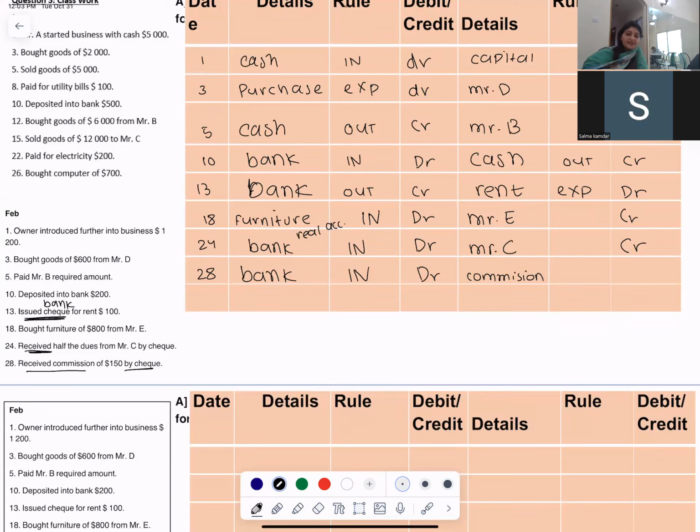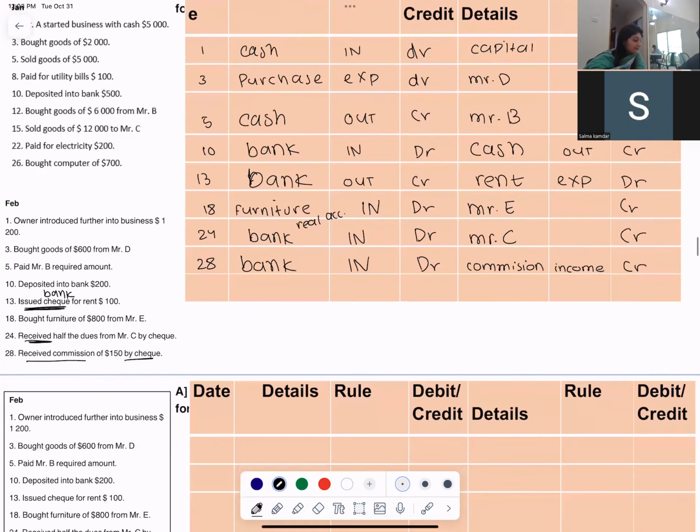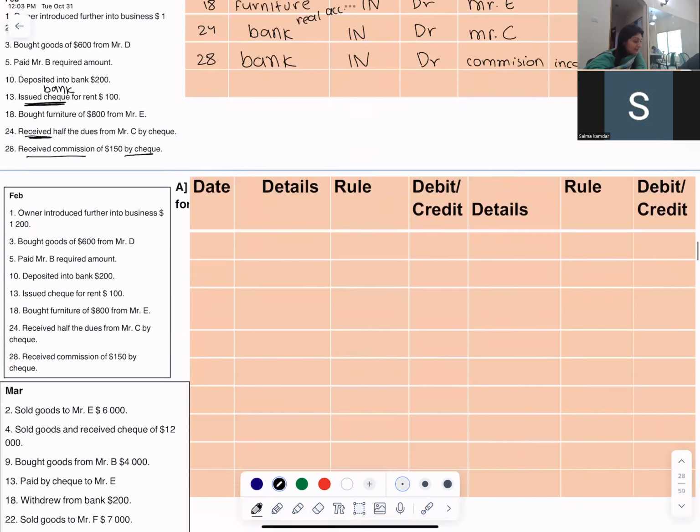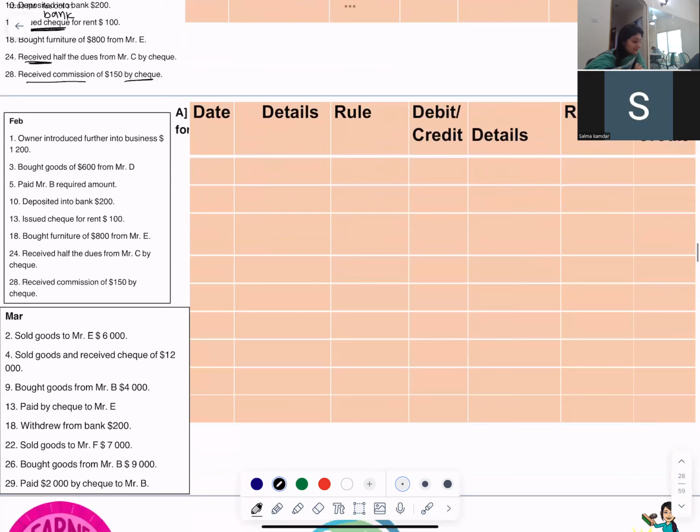If you're receiving, then how can it be an expense? Income. Remember, you receive income, you pay expenses. What you receive is income, what you pay is expenses. Since you're receiving, this will be an income. What is the rule for income? All incomes and gains are credited. Come on, now do the March one.